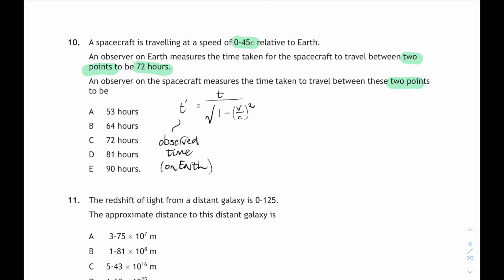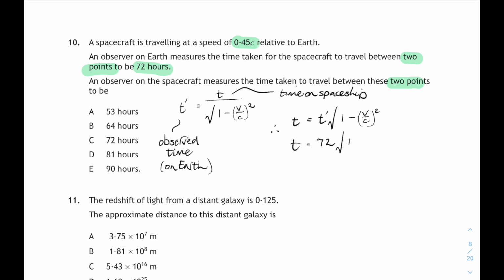And it's this t on the top on the right hand side that we're looking for. That's the proper time as measured on the spacecraft, or in the spacecraft's frame of reference. So rearranging the relationship for t, it'll be t dashed times the square root of 1 minus v over c all squared. And then it's a case of subbing in the number, so 72, and just keep it as 72 hours because your answer will be in hours.